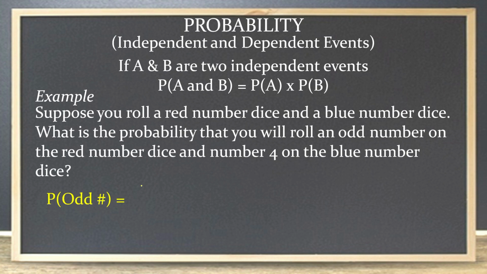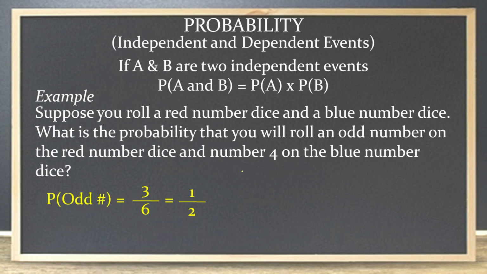So the event for obtaining an odd number is 3, and we know the total outcome is 6. So the probability of obtaining an odd number on the red number dice is 3 divided by 6. 3 into itself one time, and 3 into 6 two times. So you have 1 over 2. So 1 over 2 is the probability of obtaining an odd number on the red number dice.